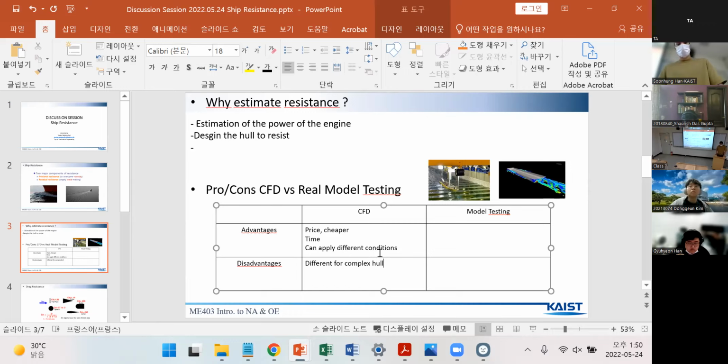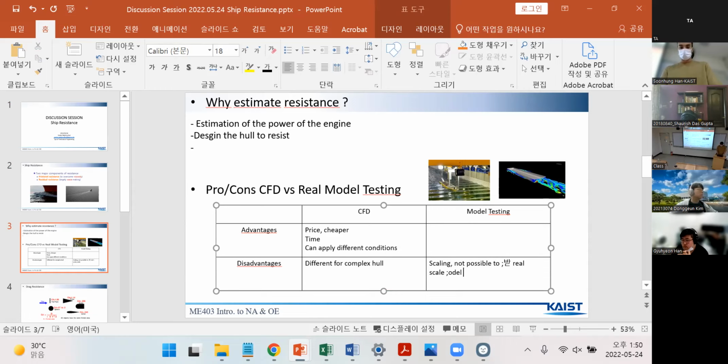Model tests have a disadvantage about scaling, because it is impossible to make a real engine model. In the test and the real situation, we have a scaling problem, and for example, the Reynolds number will be different.